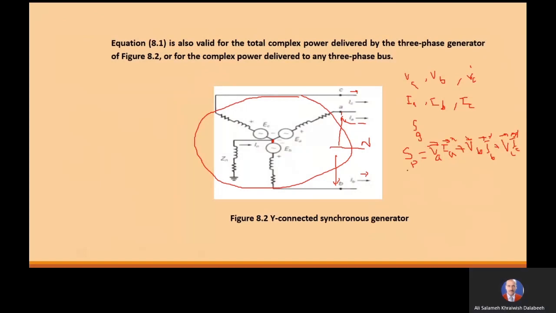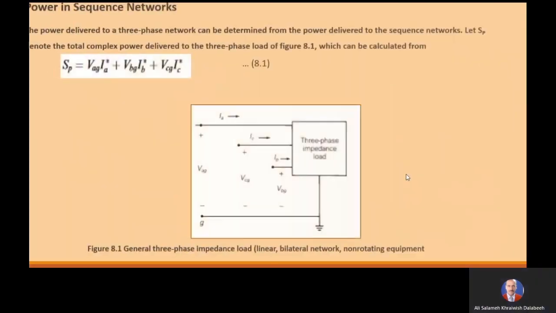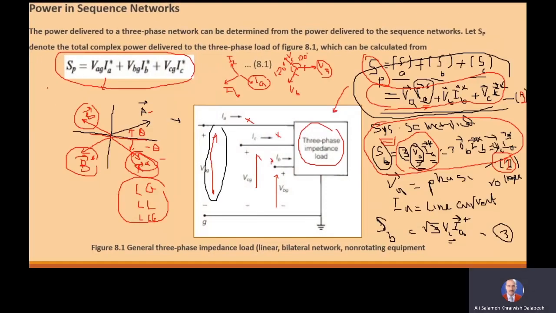This is the generated apparent power, while this is the apparent consumed power. This is the only difference between the power in the load and the power in the generator. In the generator, the power is generated. In the load, the power is consumed.